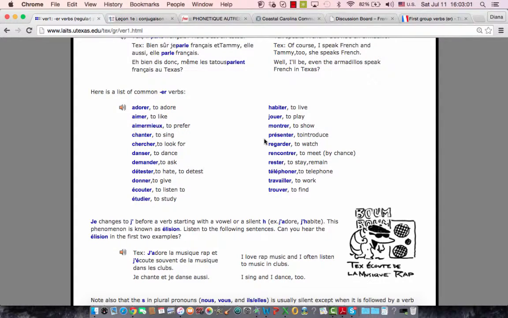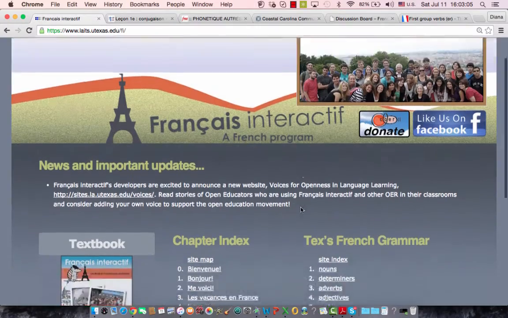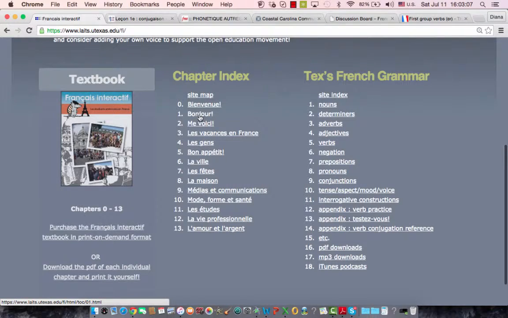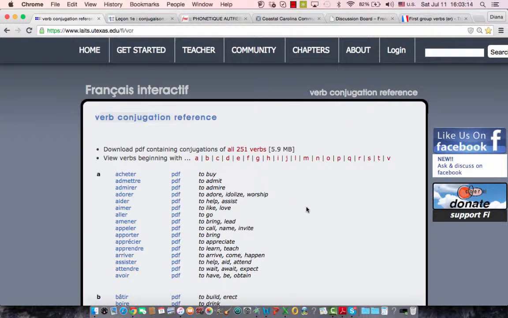J'aime. But better yet, let's go on the side index or one of the chapters so we can access the verb conjugation reference list. We were saying we would like to see the verb aimer, to like, to love.